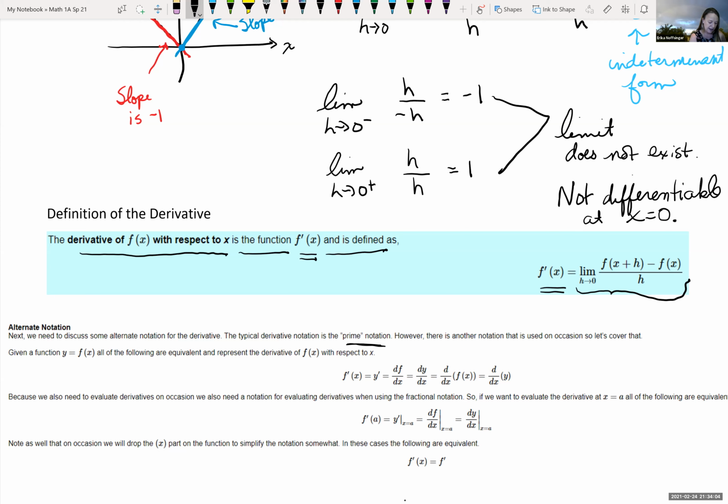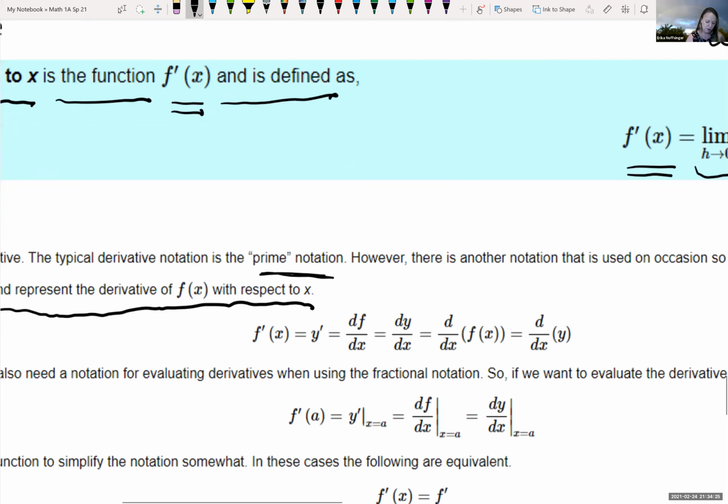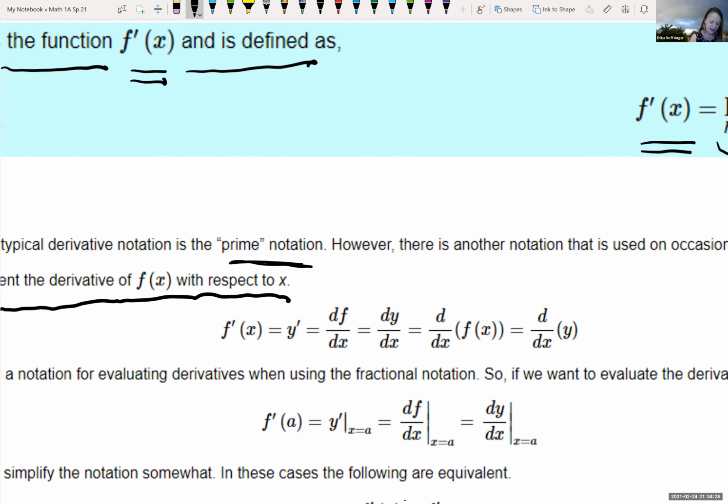Given a function f of x, all the following are equivalent and represent the derivative of f of x with respect to x. We might have a function that doesn't have the variable x. We might have our function in terms of time. This is just saying our variable in this case is x. So f prime of x, remember f of x is just the same thing as writing y, so we can write that as y prime.